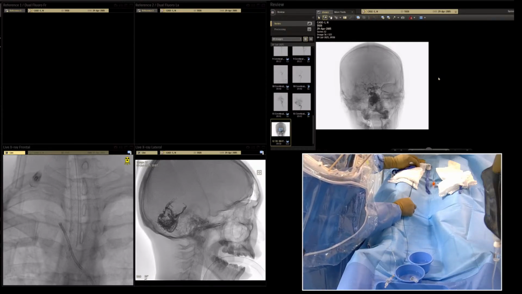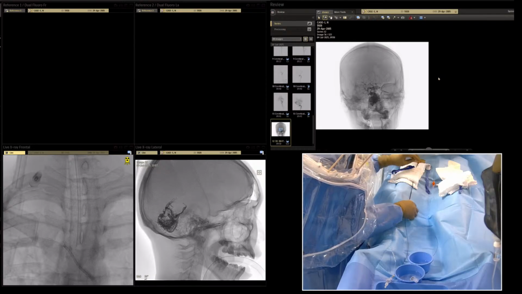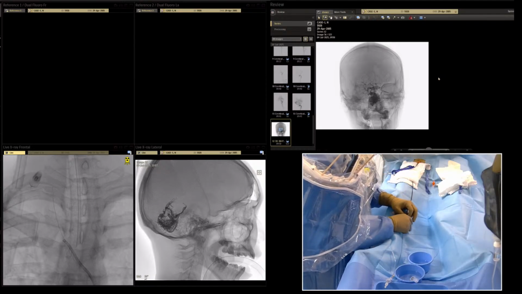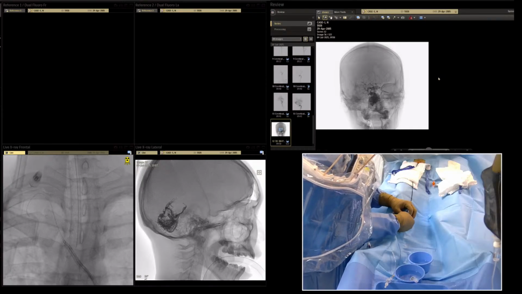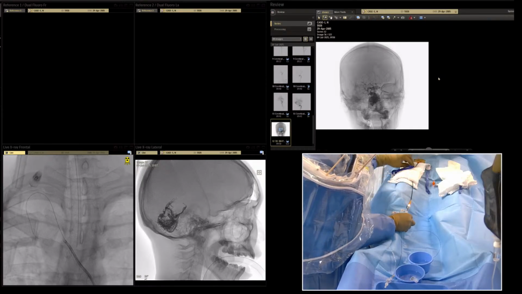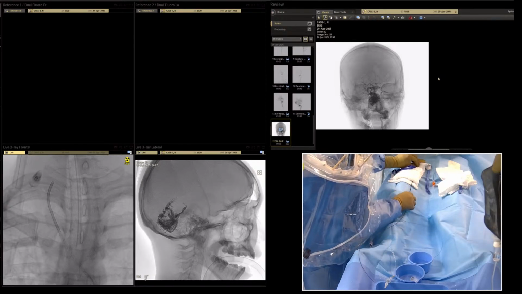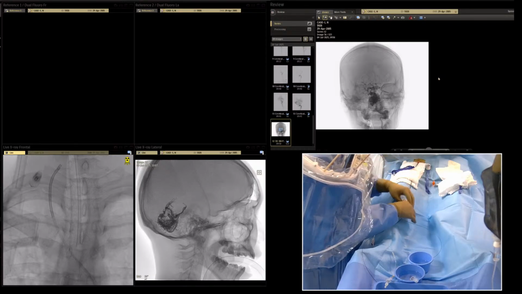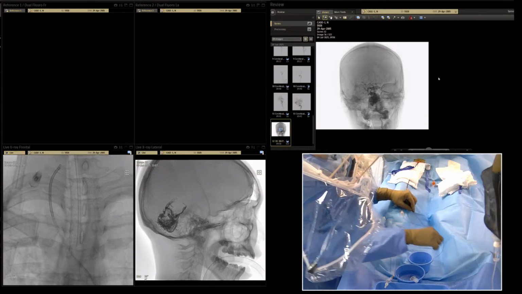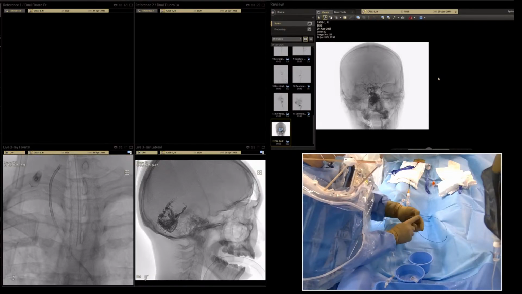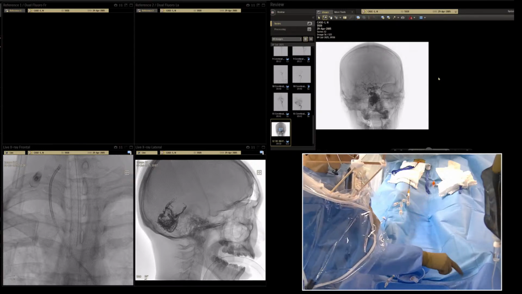Then I want to place only one guiding catheter. It's the internal mammary artery. Yes, it's a vertebral. Okay, we'll leave the guide wire inside, then we will go for the left side again.